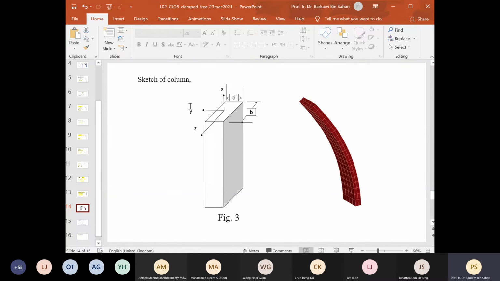So that means it will buckle in the Y direction, not in the Z direction, according to this figure. So that's why I is BD cube over 12. If it bends in the Z direction, then I will be DB cube over 12. So that's that behavior.